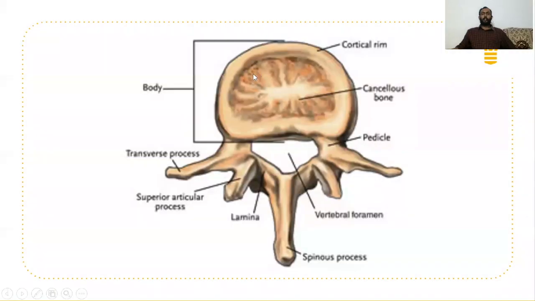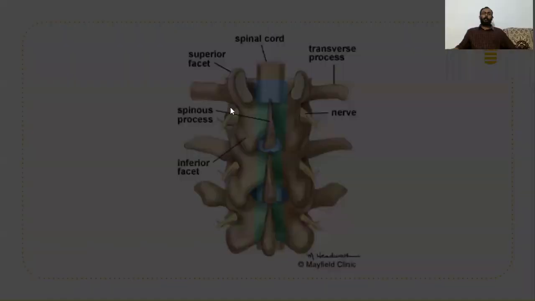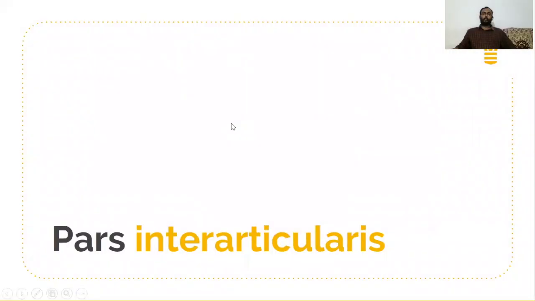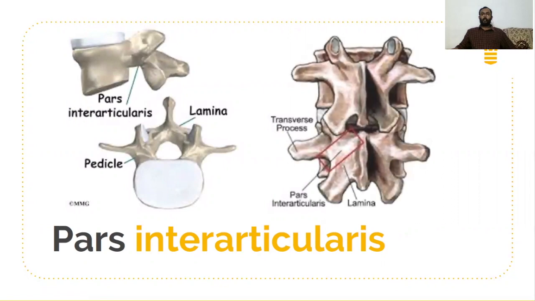This is the axial view in which you can see the body, and this is the vertebral canal or spinal canal. Here in this part you can see the posterior longitudinal ligament, and here the anterior longitudinal ligament, and this superior articular process connecting with the inferior articular process of the vertebra just above forms the facet joint or apophyseal joint, and this nerve root is very close to the facet joint, so facet joint arthropathy itself causes neural foraminal stenosis.